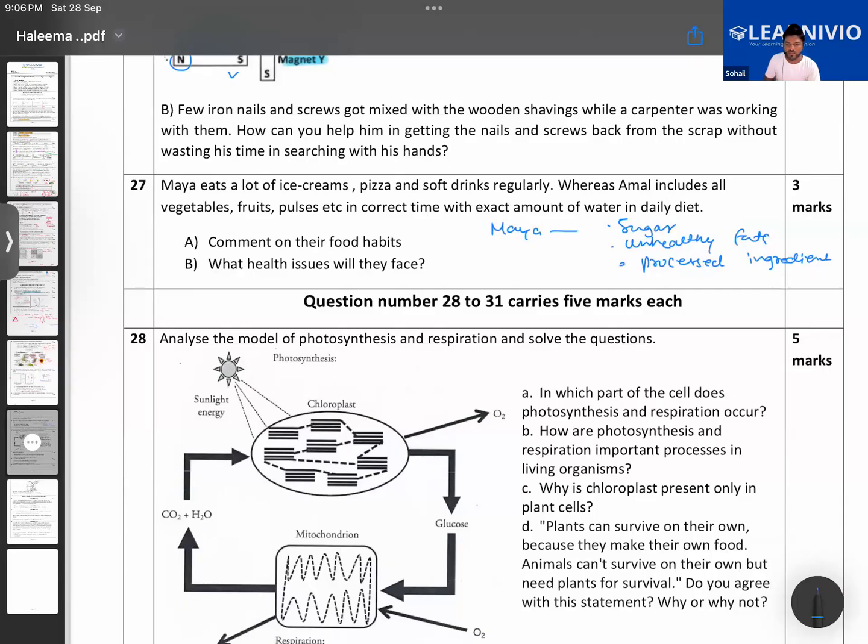Getting it now? For example, you have a normal salt or you have a processed salt. There's a difference between the two. Processed salt will not be healthy, while the normal salt will be healthy. Or processed food, for example, the packaged snacks that we eat, the snacks that come in a packet, that is also processed food.